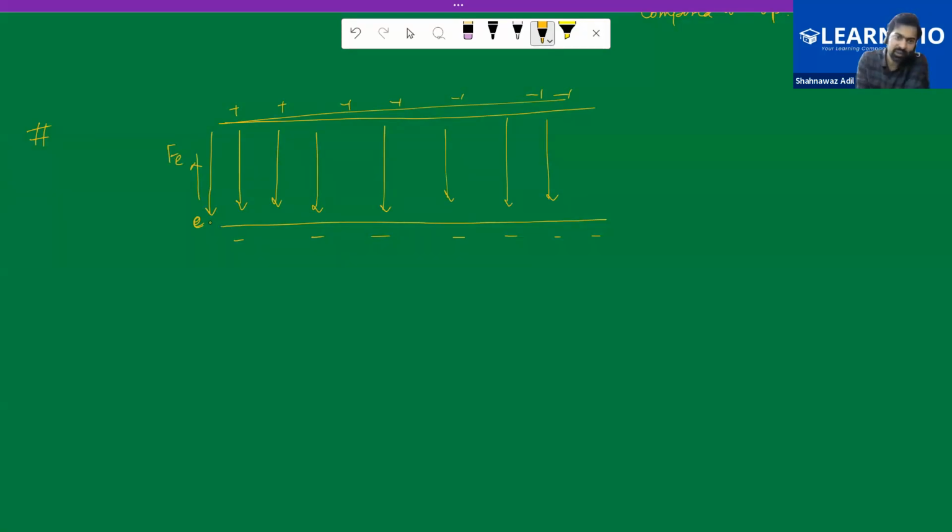And the electron is moving in this path. Then the proton, let's say the proton is given the same initial speed in here, and the proton is moving in this path. So which will take less time to cover this distance, right?